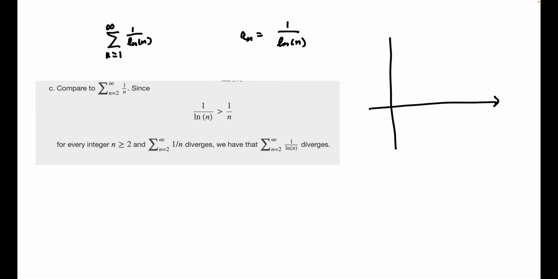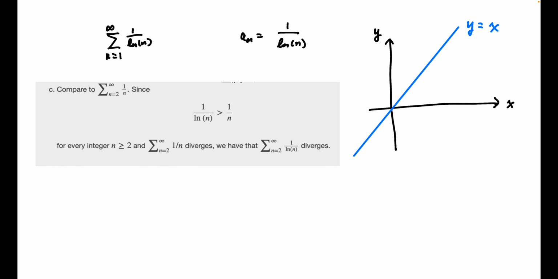So let's map out a graph of the natural log function. Before graphing the natural log, let's bring in this convenient curve. The line that goes through the origin and has slope of 1.